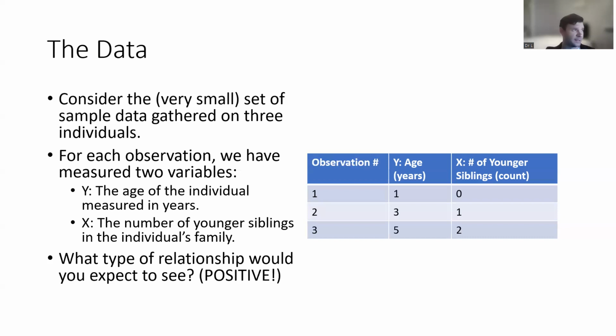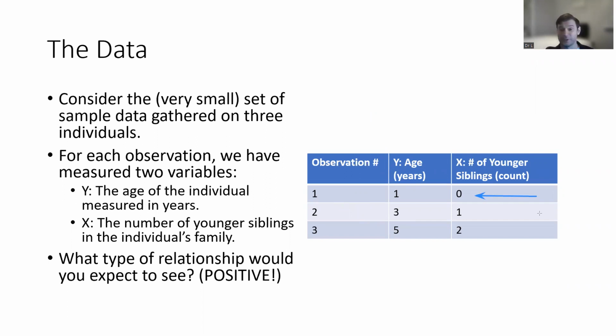And in fact, in the actual data that we have here, you can take note that observations 1, 2, and 3 are very young individuals, 1 year of age, 3 years of age, and 5 years of age. Observation 1, that's 1 year old, has 0 siblings.